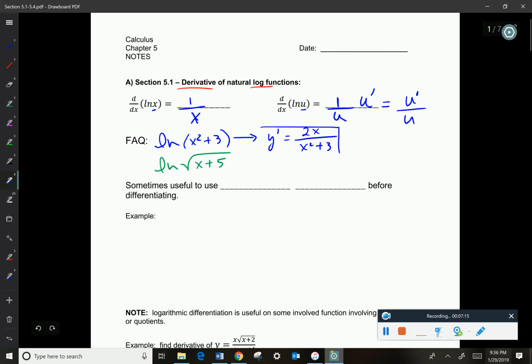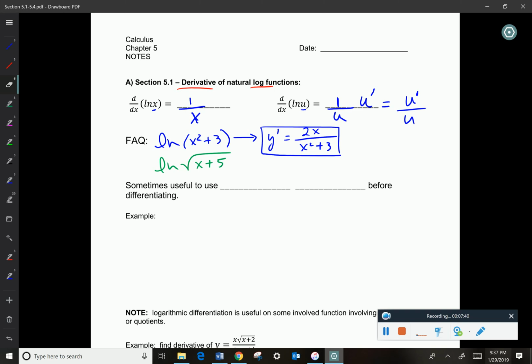U prime over u. Now, I know some of you overachievers are probably thinking, maybe I should simplify, maybe I should cancel out the x squared and the x. Of course, you and I are both thinking that not only are you overachievers, but you're murderers because you're killing puppies when you do that. You can't cancel those out, so you just leave it.